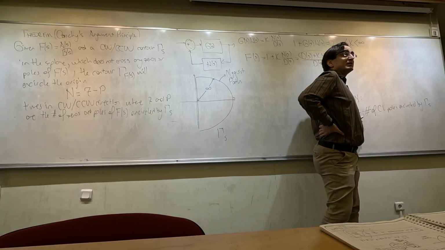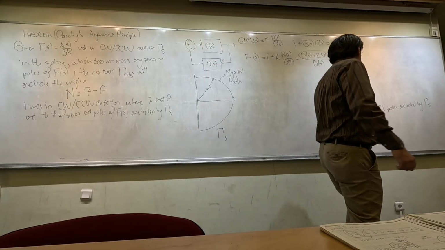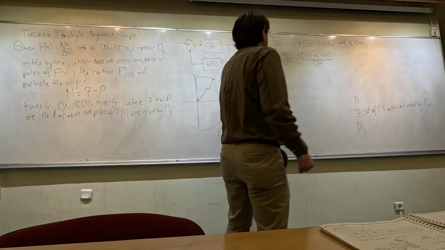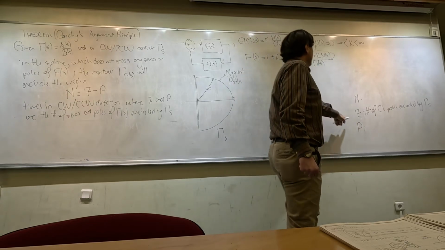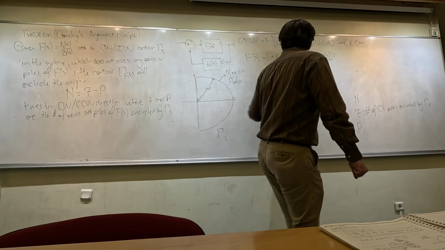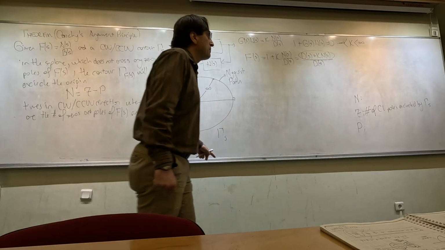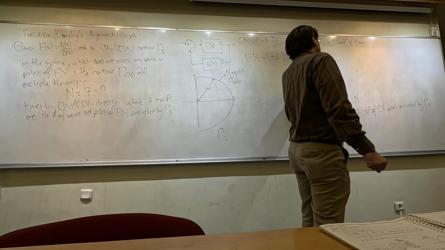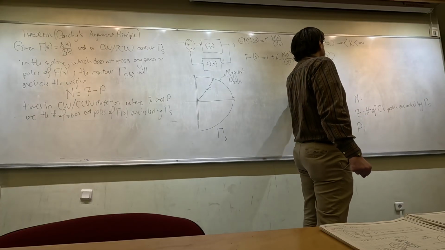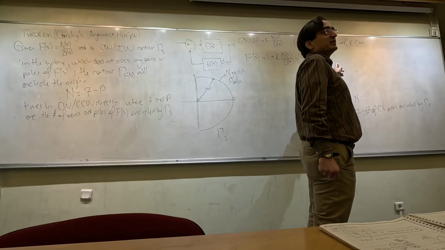Okay? So we will be interested in Z to be equal to 0. And then what about P? P represents the number of poles of f of s encircled by this original curve. Poles of f of s are the s values which would make the denominator 0.